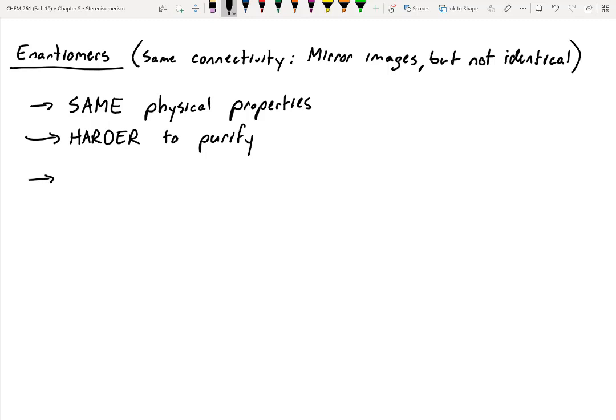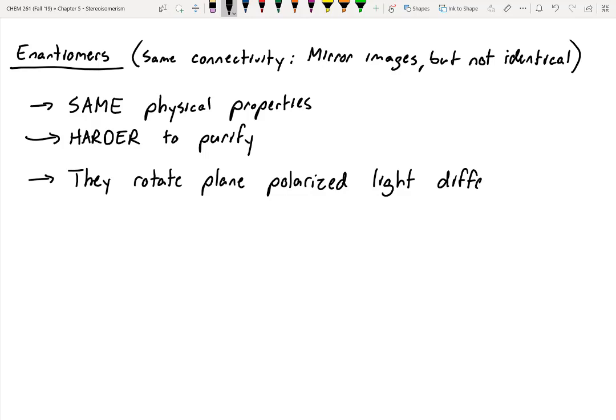They rotate plane polarized light differently, i.e. in opposite directions.